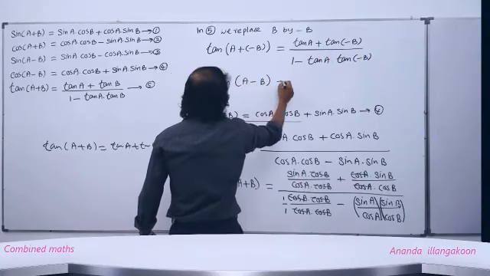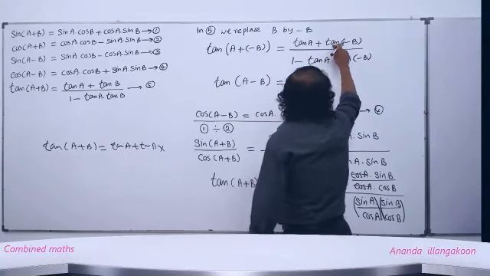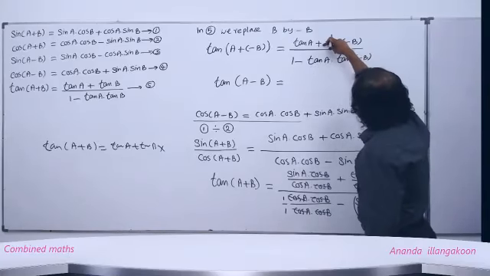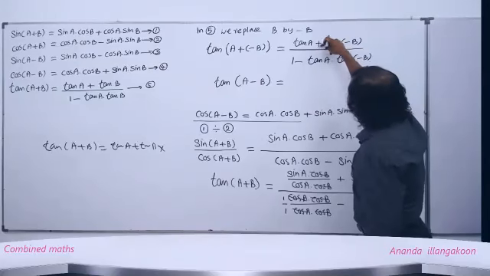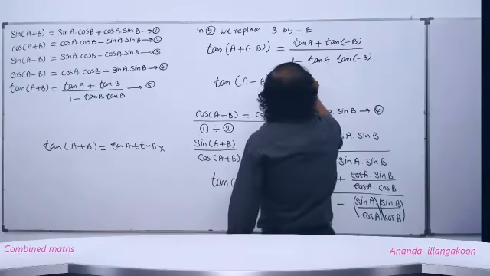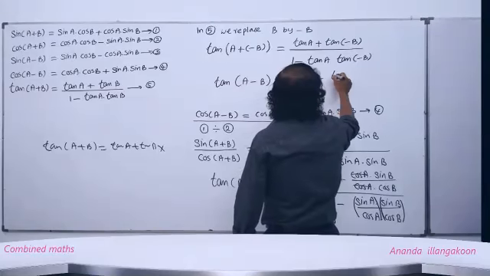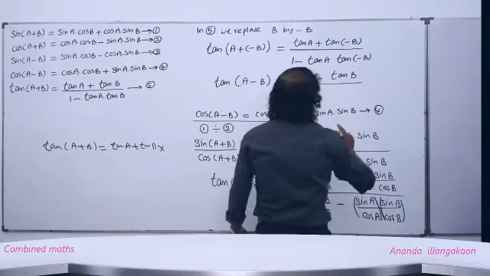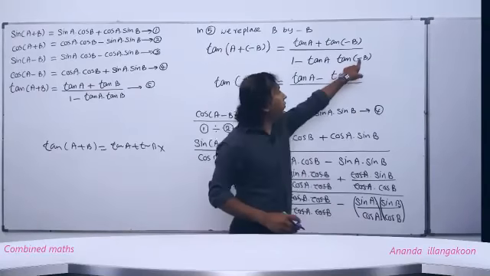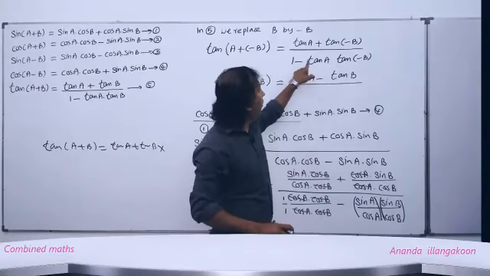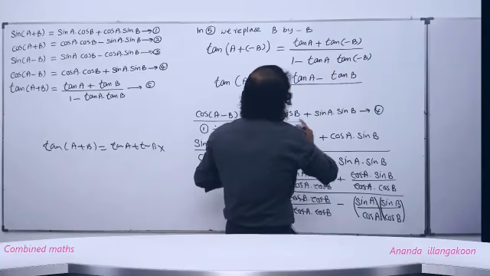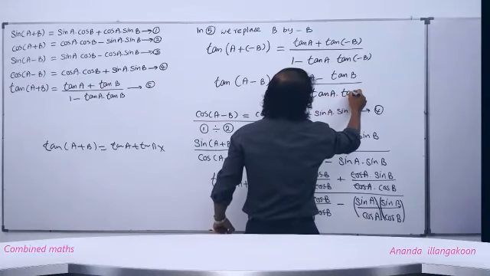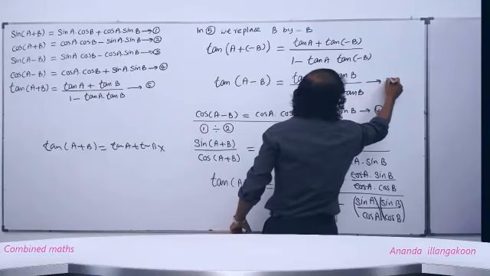Tan minus angle, people, we said this minus sign you can take out. Once this minus sign comes in here, plus and minus make minus: tan A minus tan B, divided by. Here also this minus sign you can take here. That minus and this minus make plus. What do you get? 1 plus tan A tan B. This is number 6.